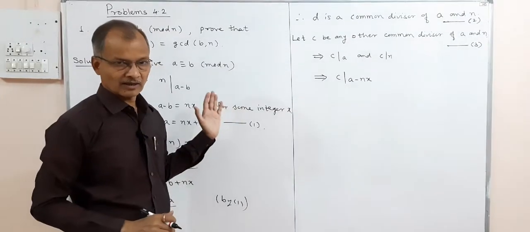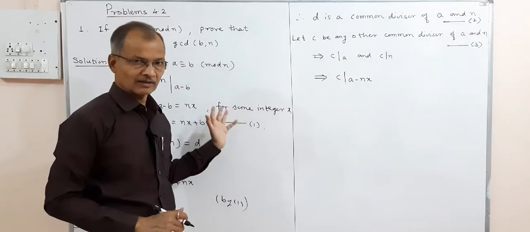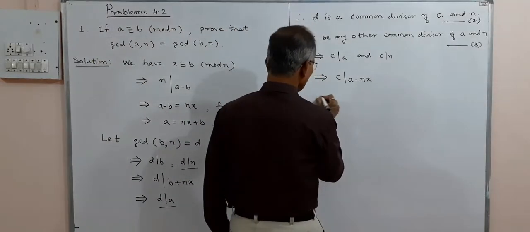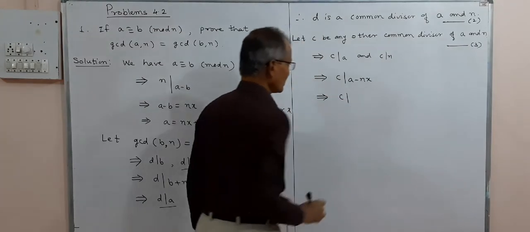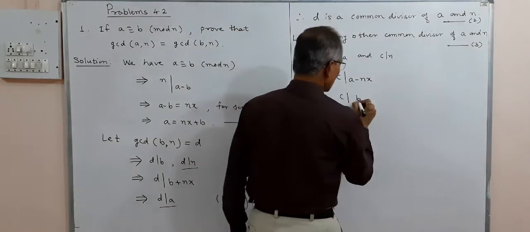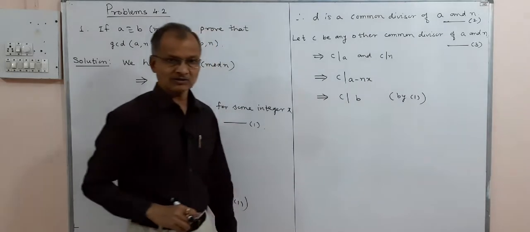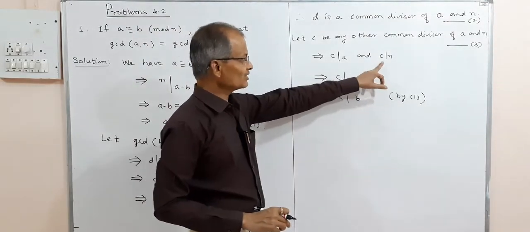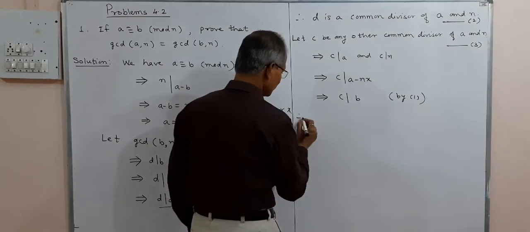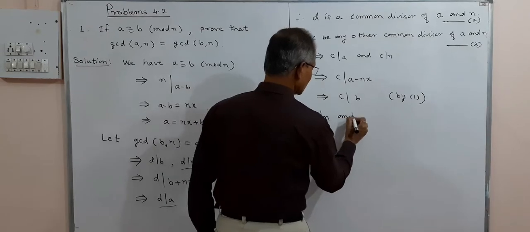If a number divides the first number and the same number divides the second, then the number divides the combination of first and second. And this implies c divides a minus nx, again from 1, that is b. And now see what we have for c: c divides n and c divides b.